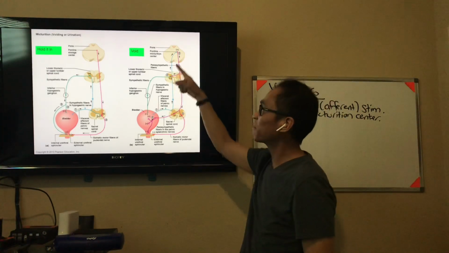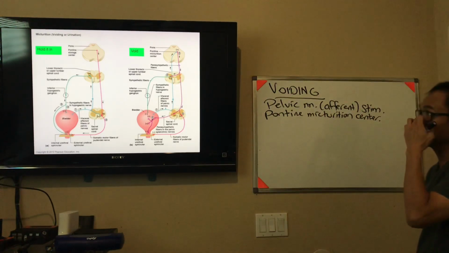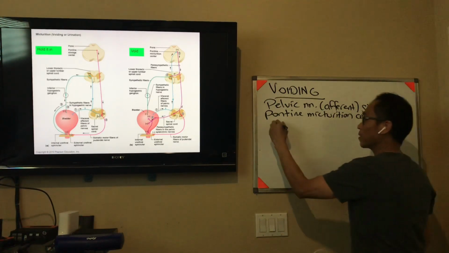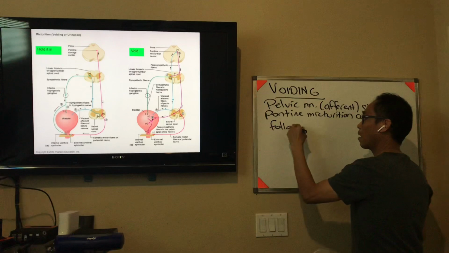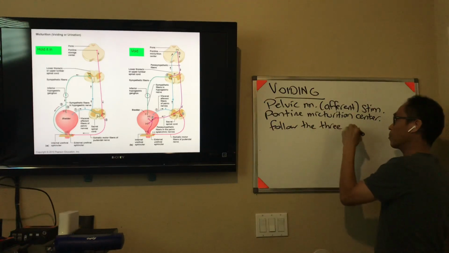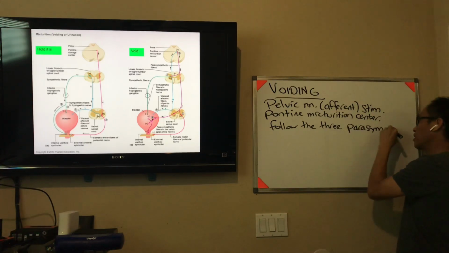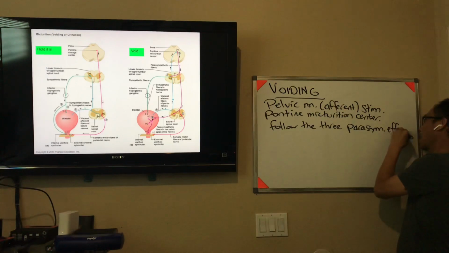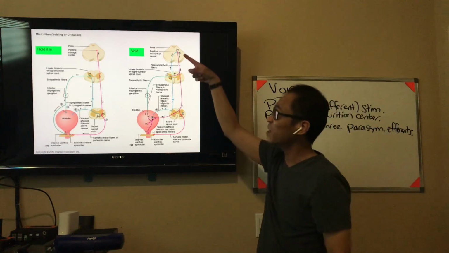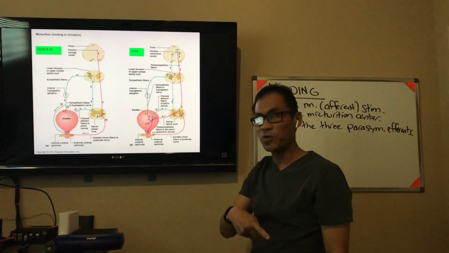Now these parasympathetic fibers, just follow the parasympathetics. Once you stimulate that micturition center, follow the three results of the parasympathetic efferents. The first thing I see here, this efferent division right there, you inhibit the inhibitory, right?